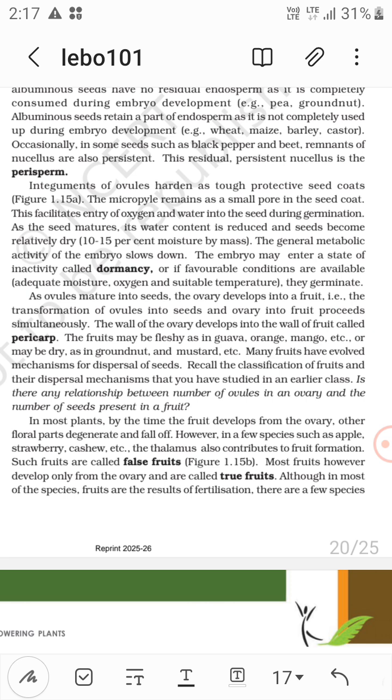The wall of the ovary develops into the wall of the fruit called the pericarp. The fruits may be fleshy as in guava, orange, or mango, or may be dry, like groundnut and mustard.